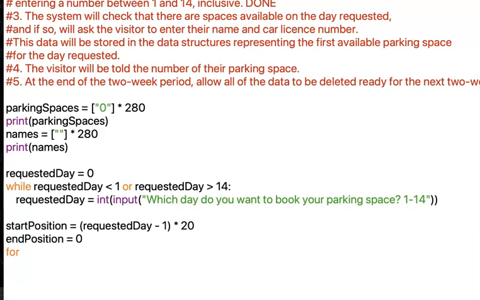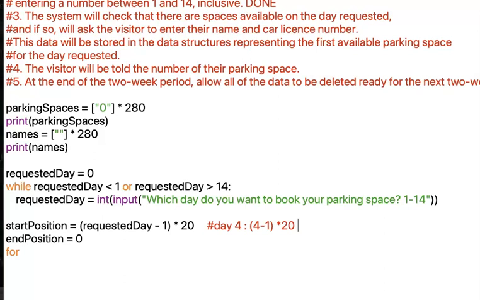So if, for example, they request day 4, we take 1 away. This is just an example, don't type this bit in, but if it was day 4, it would be 4 -1, which is 3, times 20, like that.